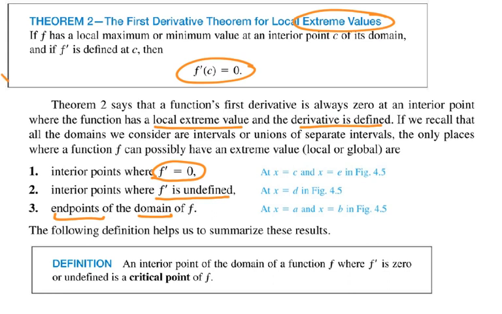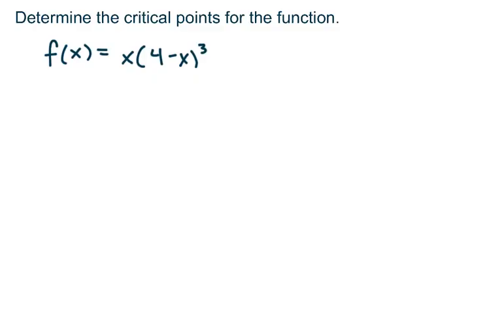Okay, so remember, when we start thinking about finding these extreme values, we're going to be looking at setting the derivative equal to 0, determining the critical numbers where it is equal to 0, where it is undefined, and at any endpoints of the domain.